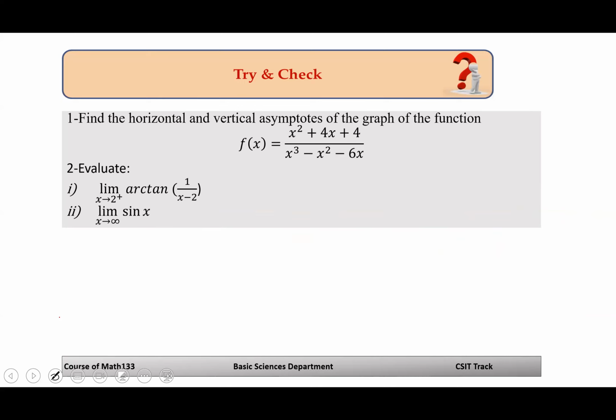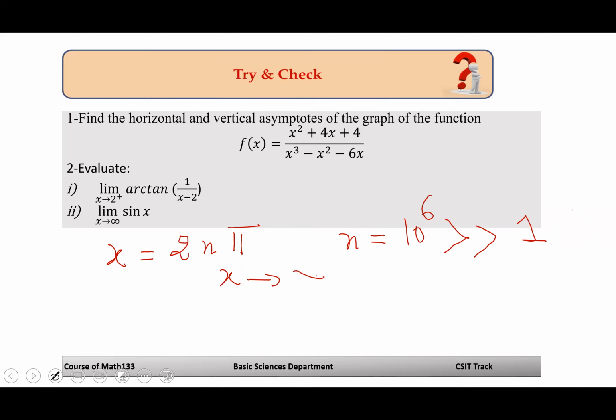How to understand this second limit? Think about x very large. I will take x equal to, for example, 2n pi, and n I will take as 10 to the power 6, let's say. This is a very, very large number, so it's like x approaches infinity. What happens for the sine? Sine of 2n pi, since it is a multiple of 2 pi, is equal to 0.